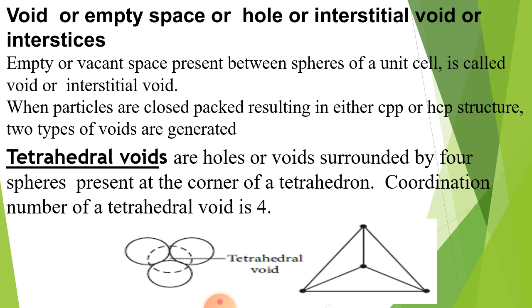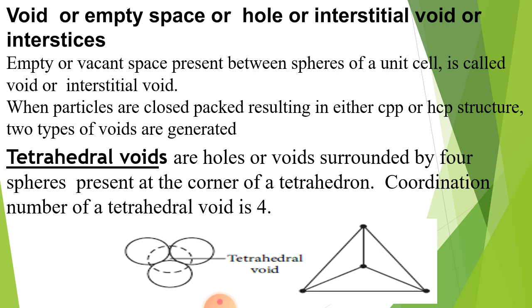When particles are close packed, resulting in either a CCP or HCP structure, two types of voids are generated. One is tetrahedral voids and the other is octahedral voids.